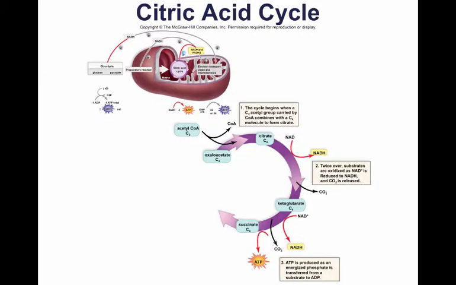The ketoglutarate then causes NAD to be reduced once again, another carbon dioxide is lost, and an ATP is formed. This ATP is formed when the energized phosphate is transferred from a substrate to ADP. There are other intermediates here that we're not going to talk about. We're just looking for 6-carbon to 5-carbon to 4-carbon.